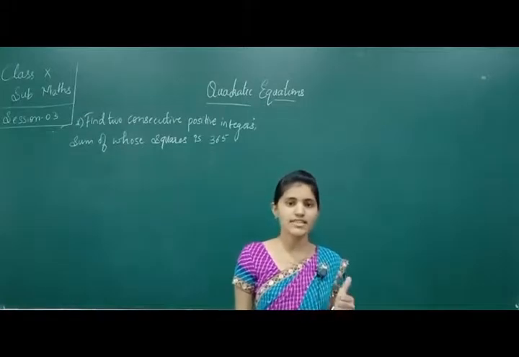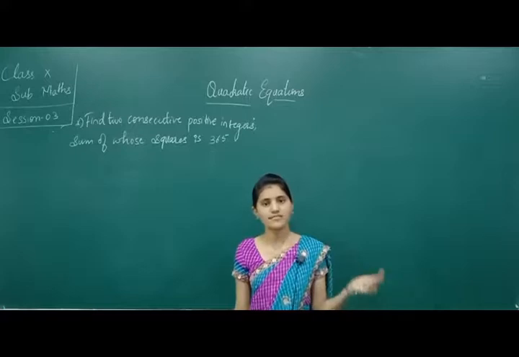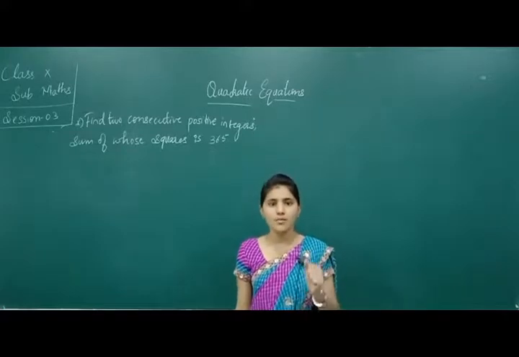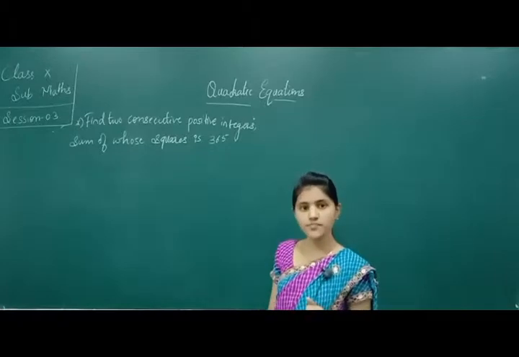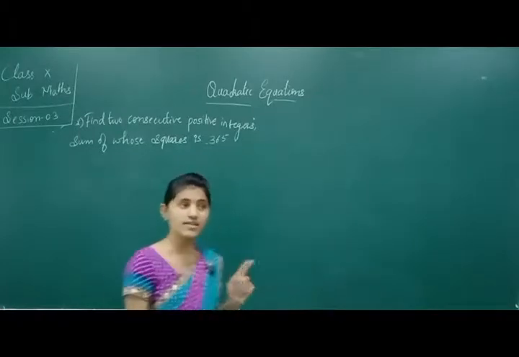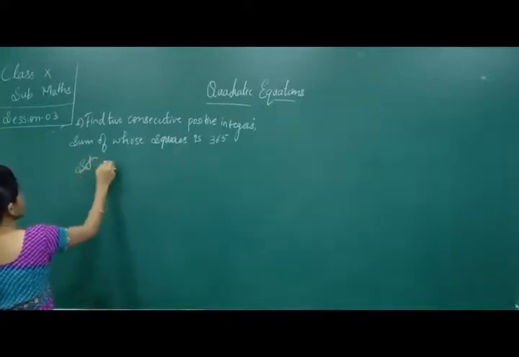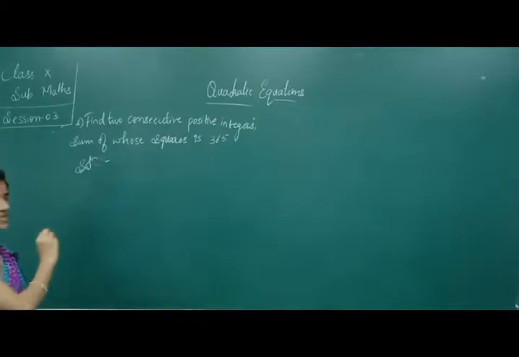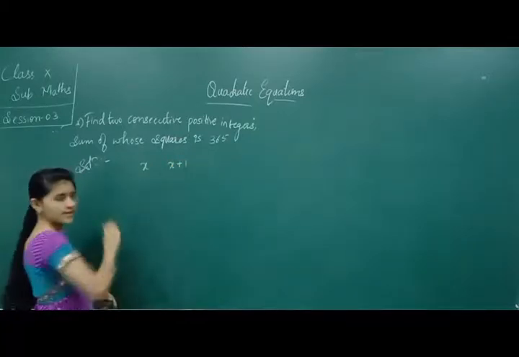I have already explained what we mean by consecutive: one after the other. They have not given the sum of two consecutive integers, so read carefully. Two consecutive integers means x and x plus 1, right?